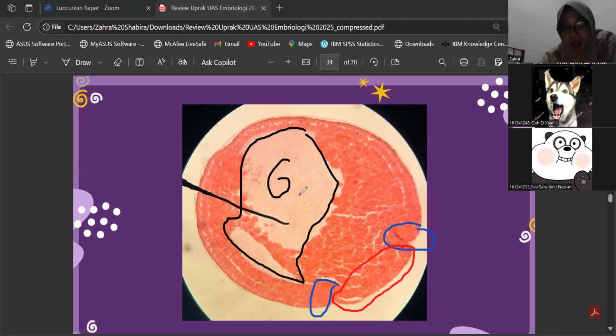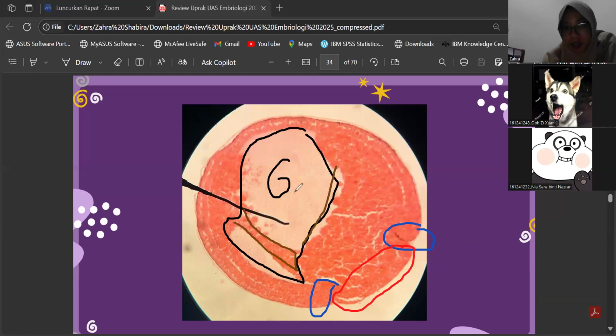Why is it not called blastocoel? This is not archenteron because this part is endoderm. So when staining or making this preparation, there was a rupture of endoderm cells. So the endoderm that should be over here, its position is over here.